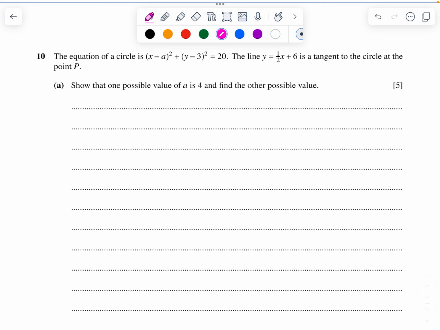The equation of a circle is x minus a whole square plus y minus 3 whole square equals 20, and the line y equals half x plus 6 is a tangent to the circle. Show that a possible value of a is 4. Find the other possible value. So x minus a whole square plus y, which is half x plus 6, minus 3 whole square equals 20.